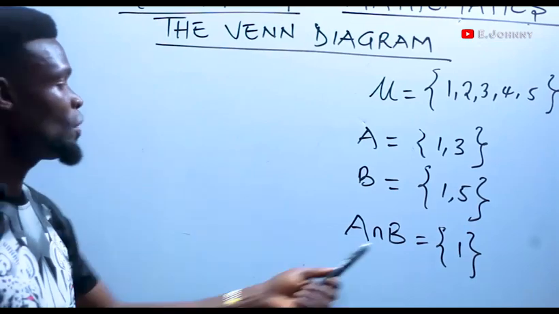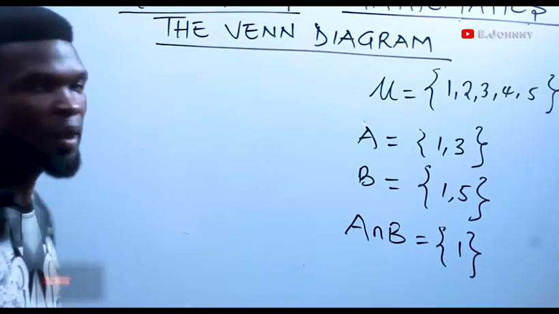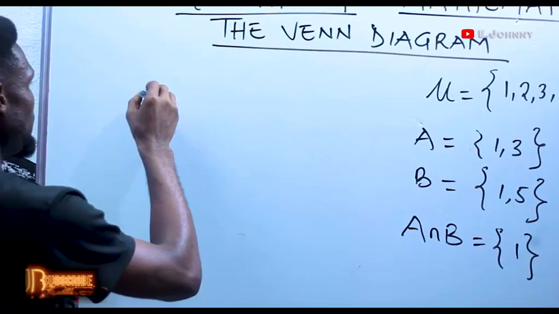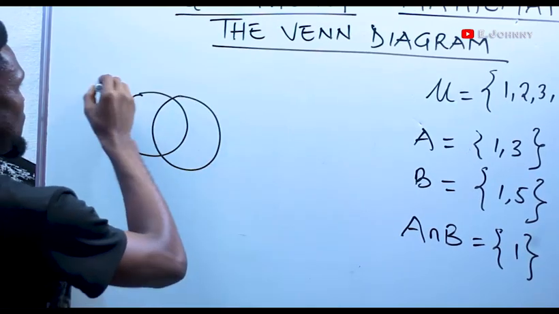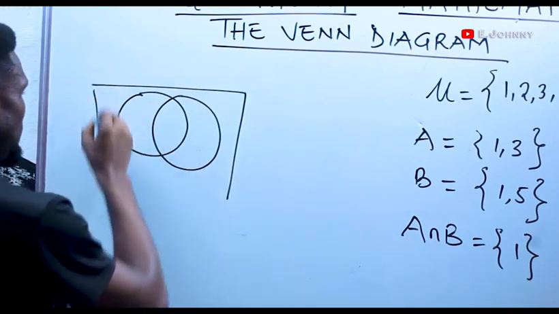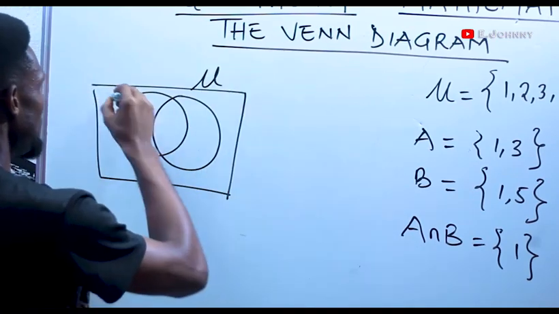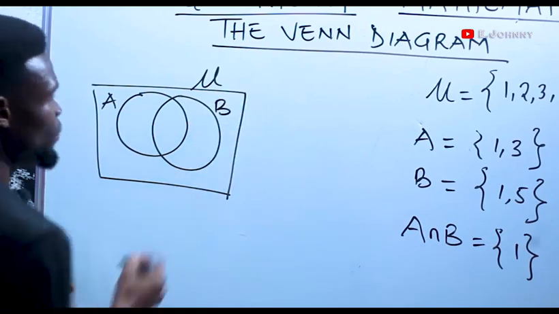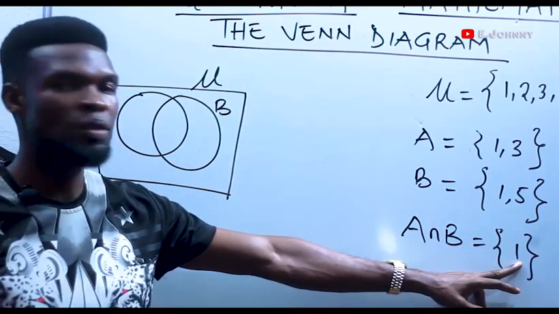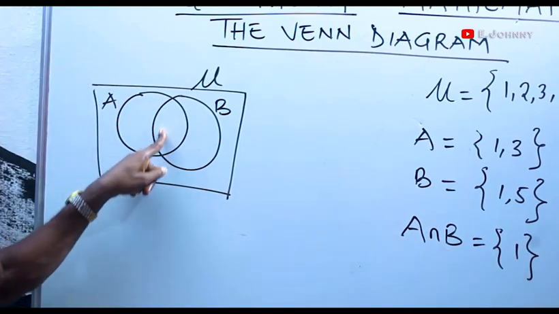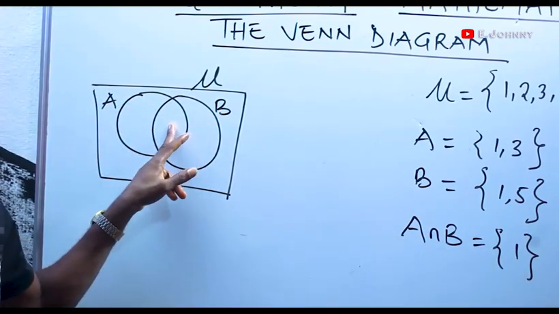Okay, now let's show this intersection in the Venn diagram. In the Venn diagram, this is the universal set, this is set A and this is set B. So we say that A intersection B is 1. This is the point where A and B intersect.